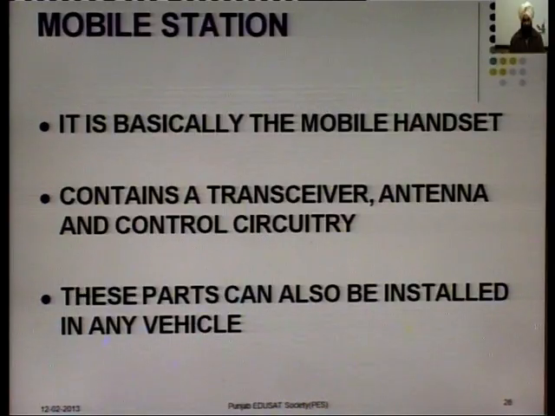Mobile handset plus SIM becomes the mobile station. It contains a transmitter as well as receiver, antenna, and control circuitry. The antenna is for both transmission as well as reception, and control circuitry is also required for both transmission as well as reception.